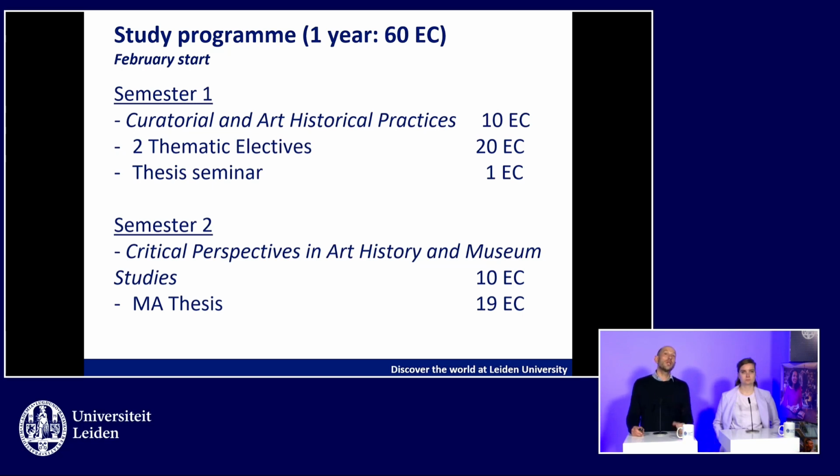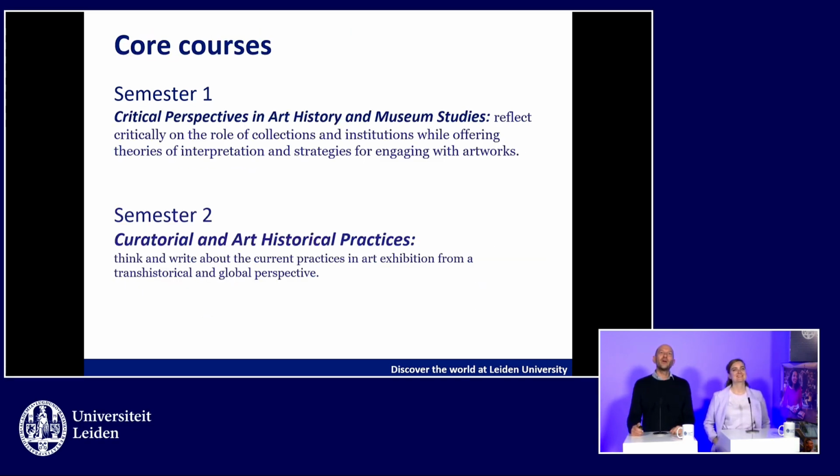When you start in February, you also have two electives and a thesis seminar. That's just the same. And the MA thesis is then written from September onwards. That's easier. All right.